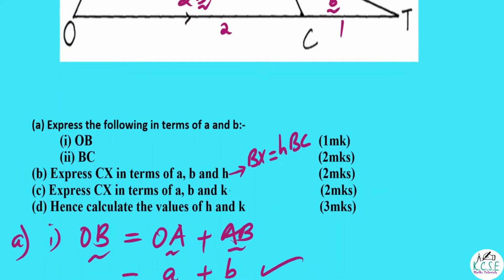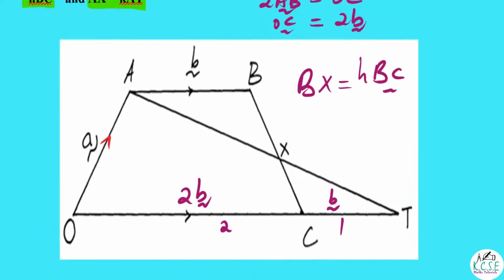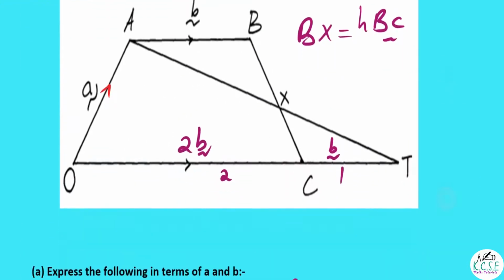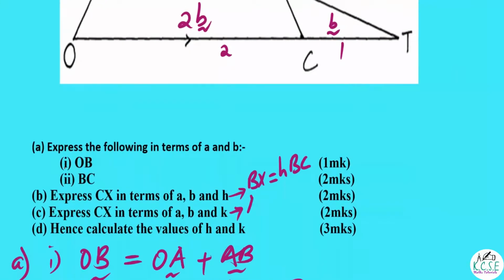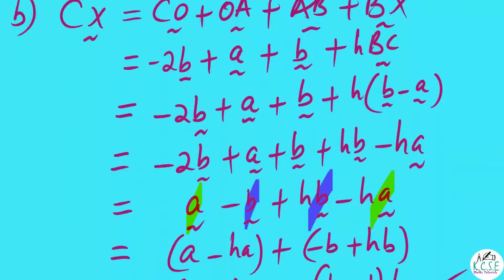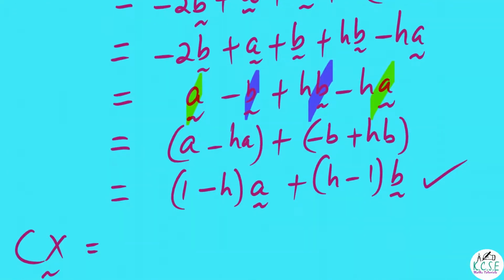And then in this one we shall use the other, AX is equals to KAX. So the route that you're going to follow in the second one will be CO plus OA plus AX. Let's go to the diagram.